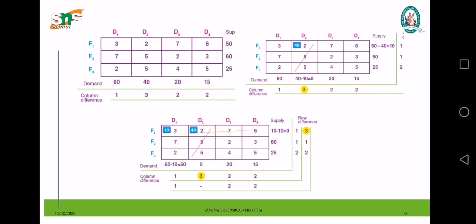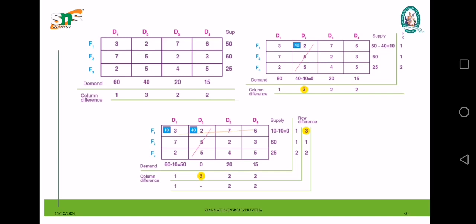Its supply and demand are 50 and 40. Therefore we take 40. 50 minus 40 is equal to 10. Cross off column D2.